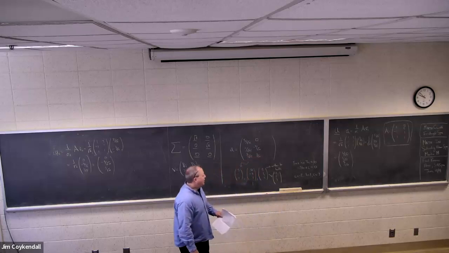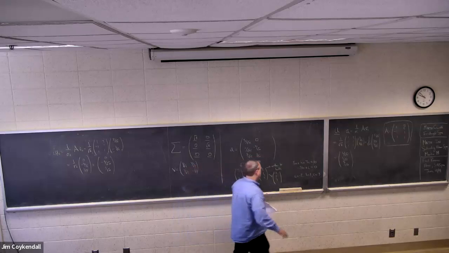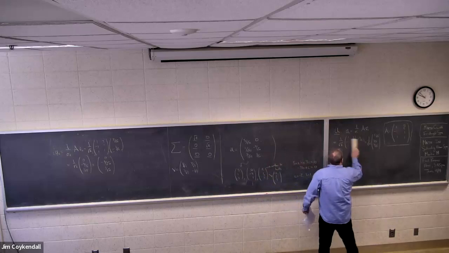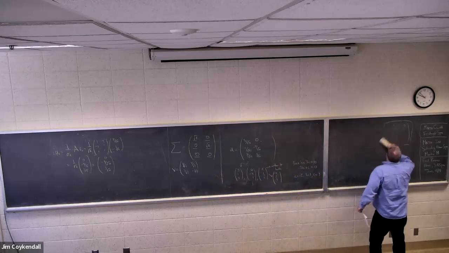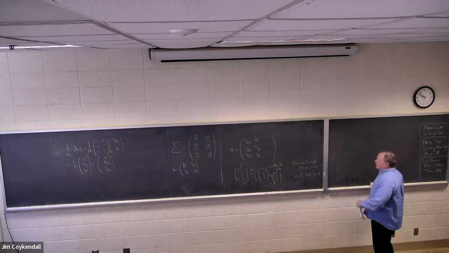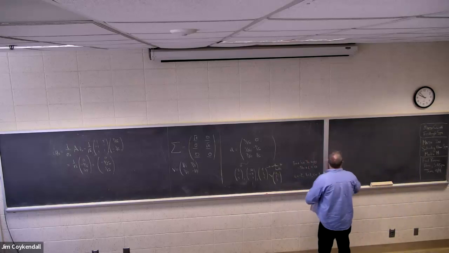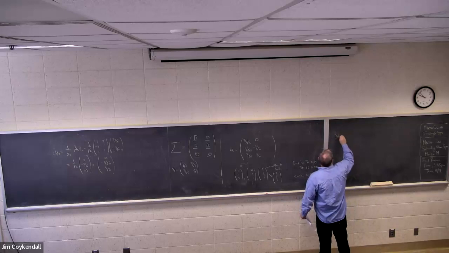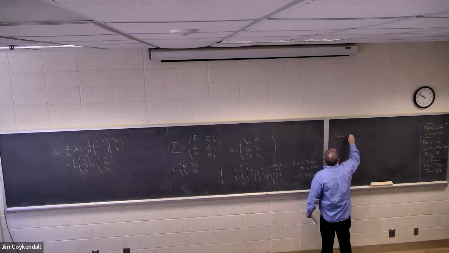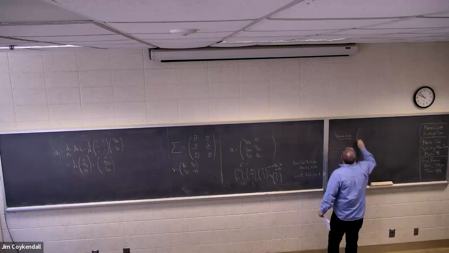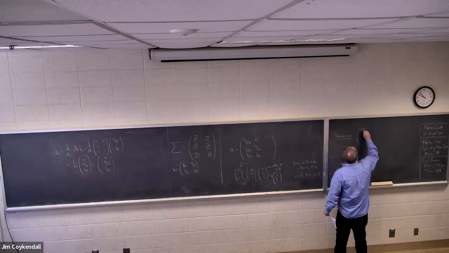Well, what do I have to do with that? I need to make it normal now, right? So this is going to be what, 4 plus 1 plus 9, 14. So make it minus 2 over radical 14, 1 over radical 14, and 3 over radical 14.